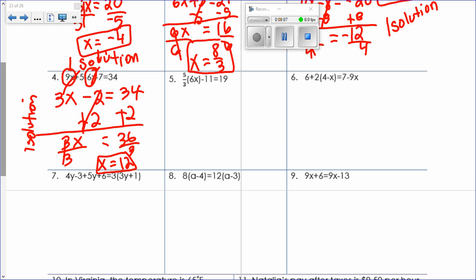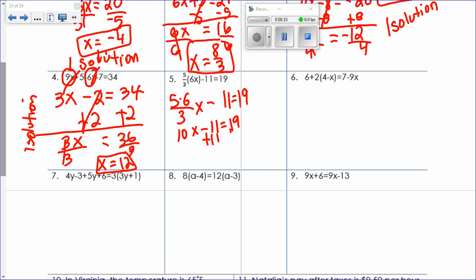Number 5. If you're struggling with fractions, we're just going to take the numerator and multiply it by 6. So if I rearranged, I would have 5 times 6 divided by 3 times x minus 11 equals 19. I get 30 divided by 3, or 10x, minus 11 equals 19.